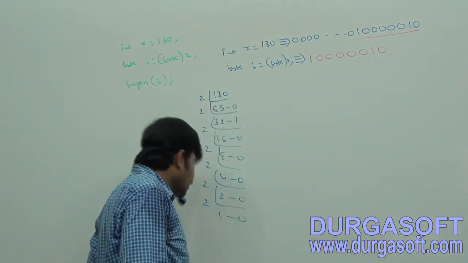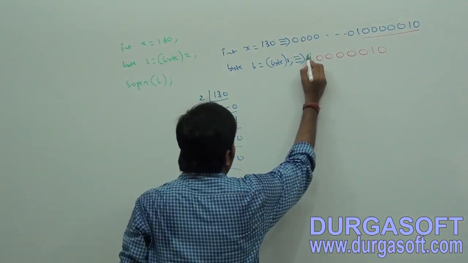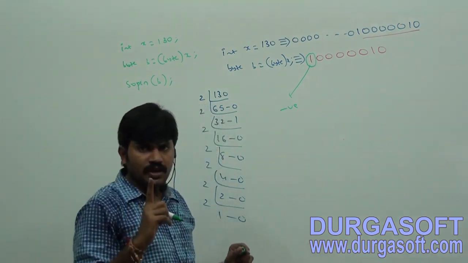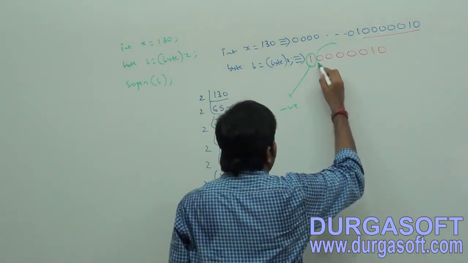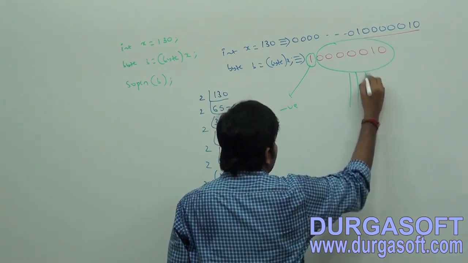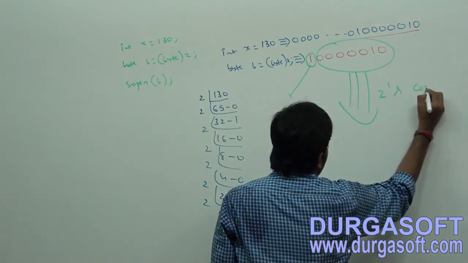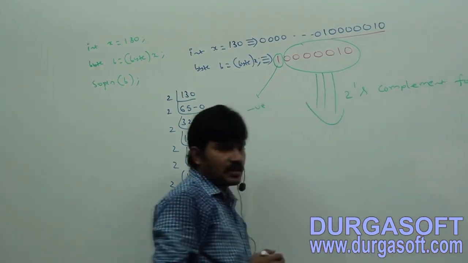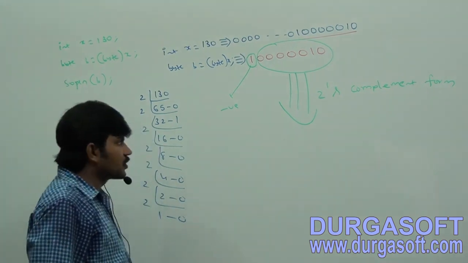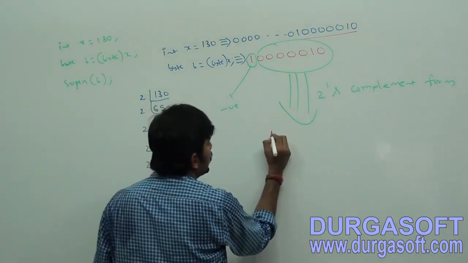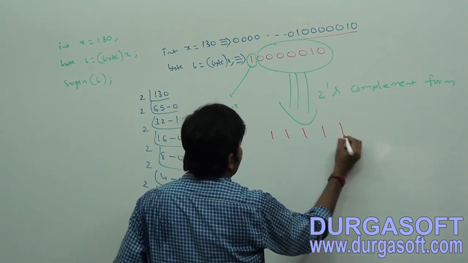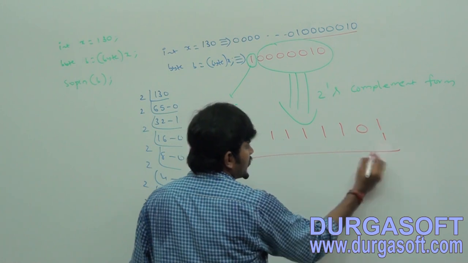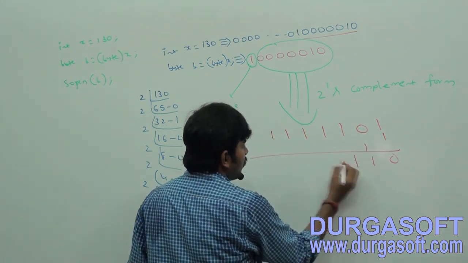In this, what is the most significant bit? 1. 1 means a negative number. If it is a negative number, the remaining bits represent the value in 2's complement form. We covered this already. Correct or not? Now let me find the 2's complement. First the 1's complement: 1 1 1 1 1 0 1. Add 1: 1 1 1 1 1 1 1.